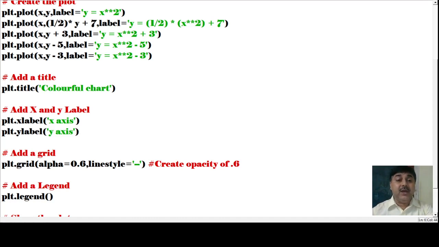We are making those different forms of equations, and as we implement them here, they will show us different types of graphical forms with different colors. Now let us see why it will do that and how it will do it. Let us open the output, and from the output we will have the explanation.